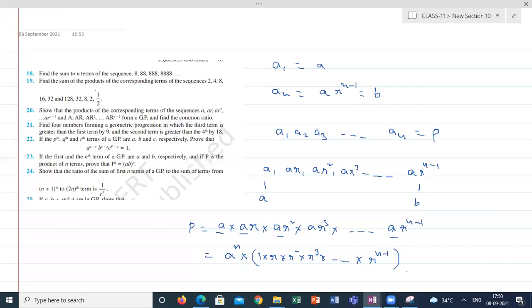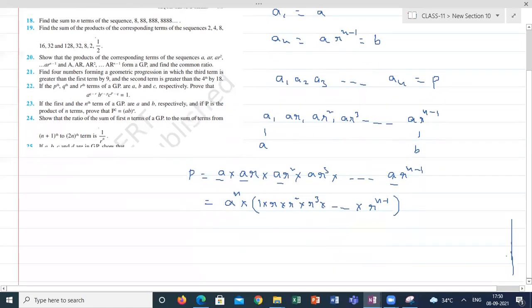So how can I write this? This can be written as a power n into r power, how much, guys? I can write it as r power 1 plus 2 plus 3 plus 4 plus and so on up to n minus 1. A power n into r power the sum of the n minus 1 terms.